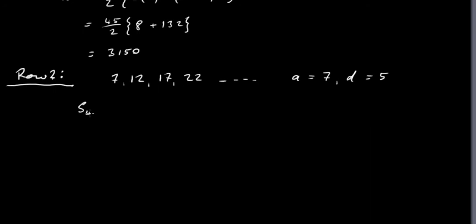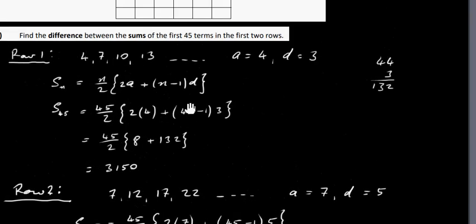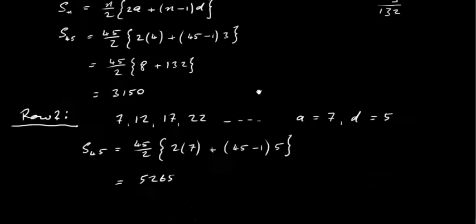We want S45, so that's going to be 45 over 2 times twice the first term, which is 7, plus n minus 1, which is 45 minus 1, times d, this time 5. When you work that out, you get 5265. The question says, find the difference between the sums of the first 45 terms.